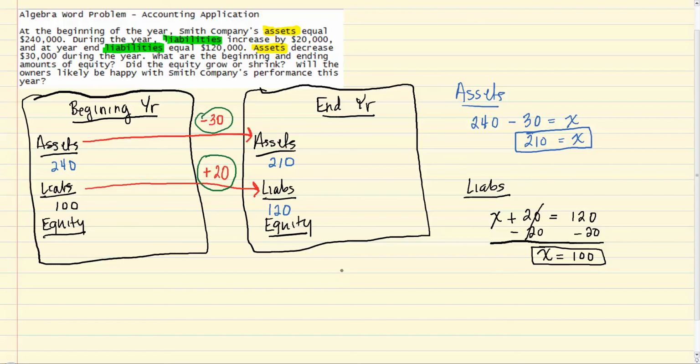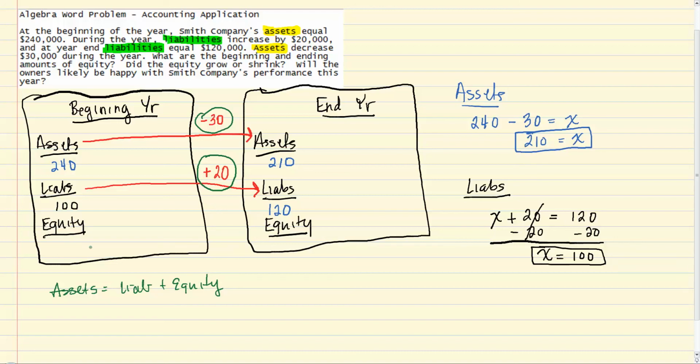Okay, now starting off with the beginning of year assets and liabilities, we can now calculate equity, because that's just assets equals liabilities plus equity. We have assets and liabilities.